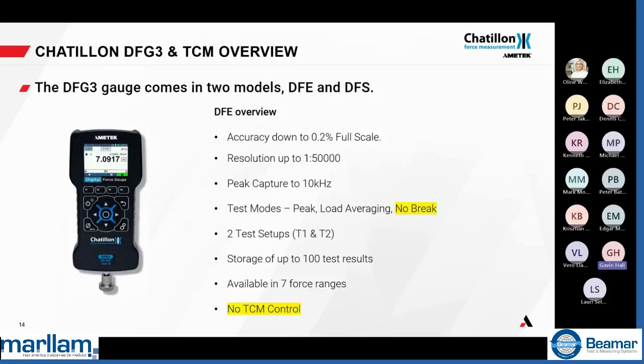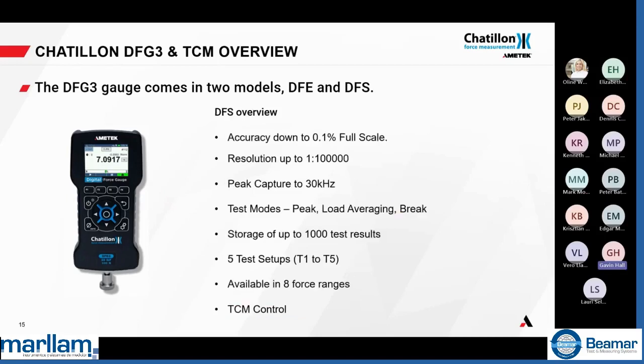We have two models of the DFS gauge, digital force gauge: the E and the S. Again, all these specs are available on our website, but some key functional differences. The DFE is a simplified gauge, and the DFS has a slightly higher spec and a few more functionality features. Again, all those can be seen on our data sheets from our website.